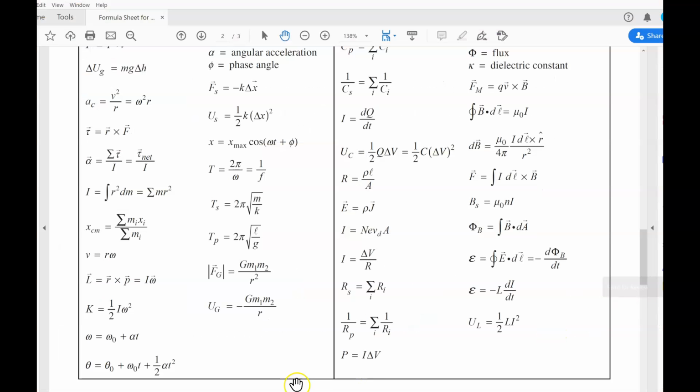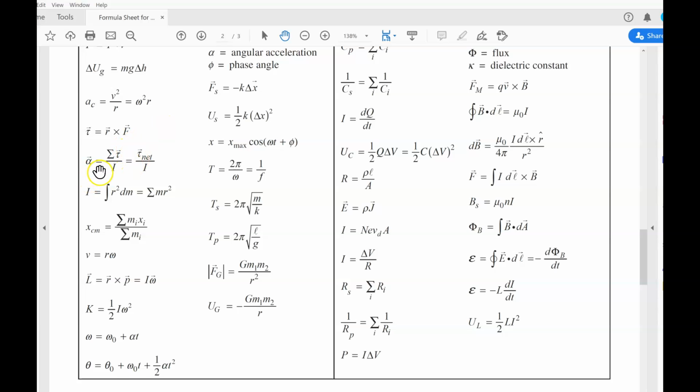I thought it might be a good idea to look back at the formula sheet and see what is on here regarding these topics. So here's where the angular stuff starts. Centripetal acceleration equals v squared over r, or omega squared r. Something we just talked about. Tau, which is torque, is equal to r cross F, which is the distance times the force in a perpendicular way.